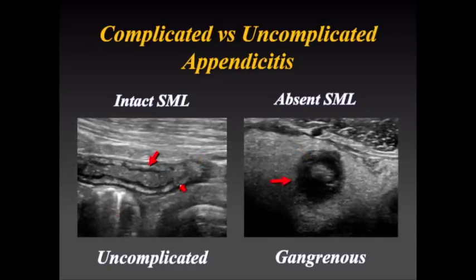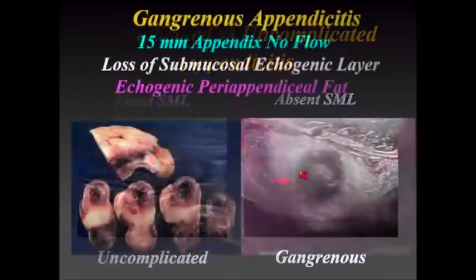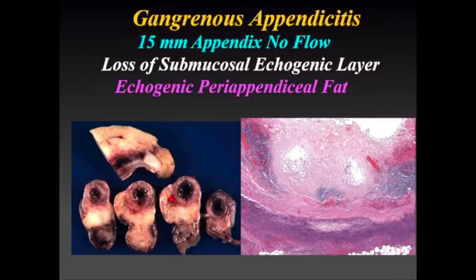Here we can see an intact submucosal layer. Here we can see the complete loss of the submucosal layer in a gangrenous appendix. And here's that patient's path slide with the necrotic area, secondary findings, often thickened echogenic fat, and complete loss of the integrity of the bowel wall with inflammation out into the fat here.